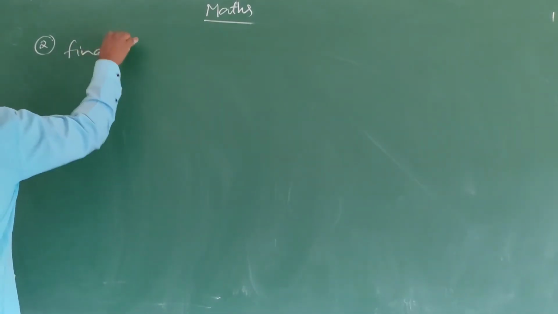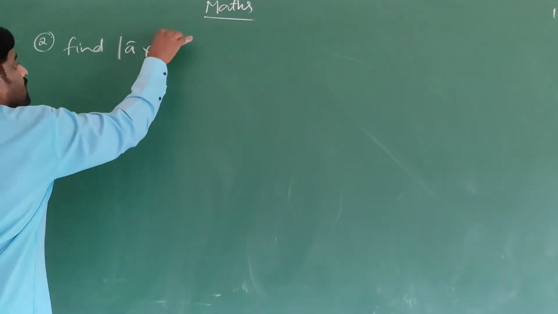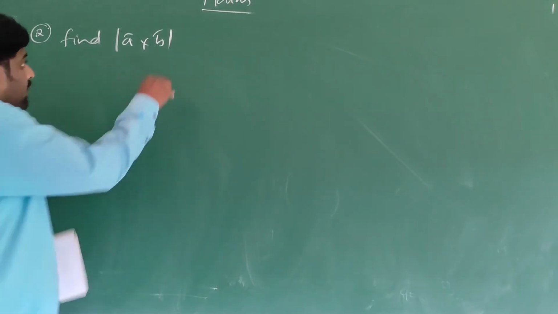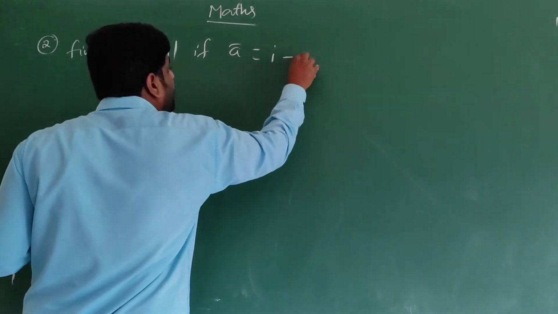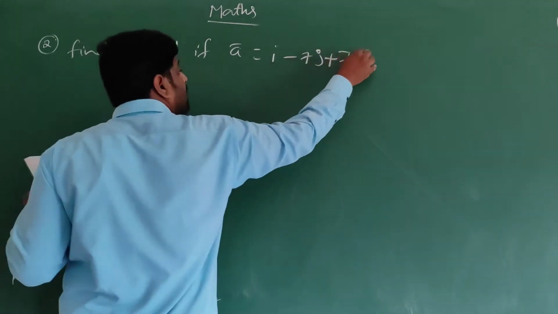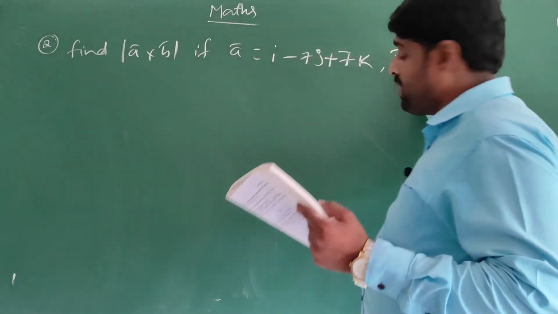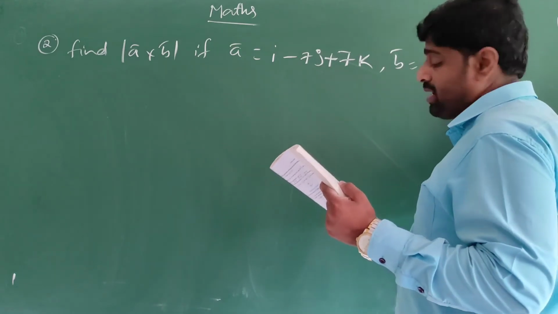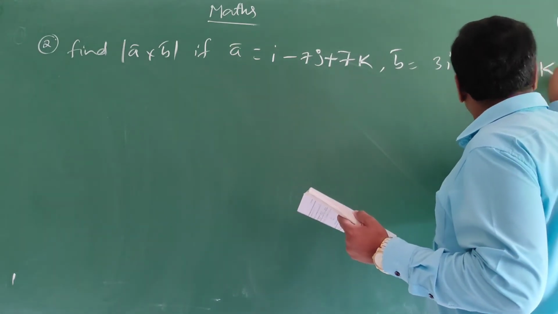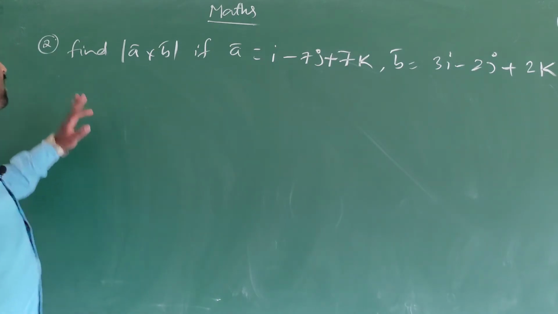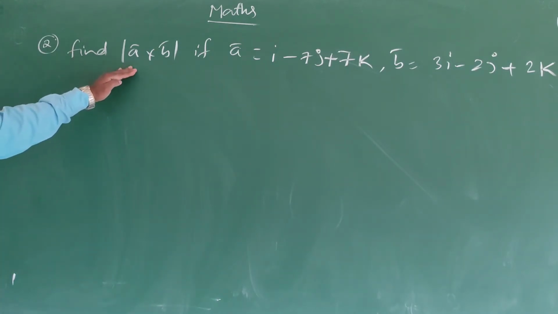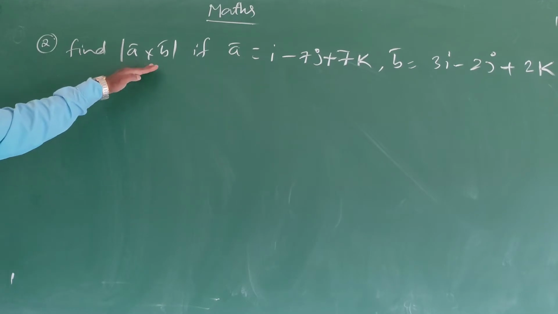Find the magnitude of A bar cross B bar if A bar equal to i minus 7j plus 7k, B bar equal to 3i minus 2j plus 2k. Observe, students, find the magnitude of A bar cross B bar.